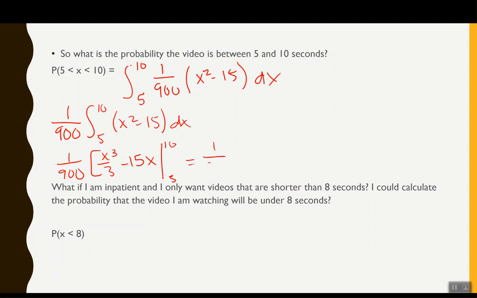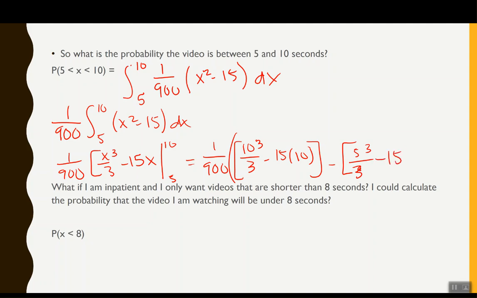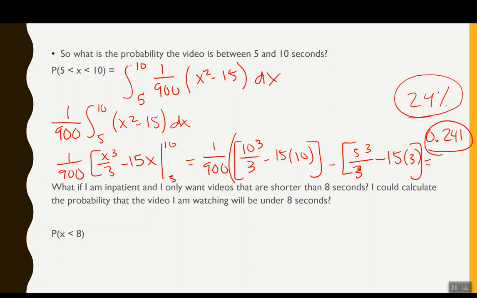So then when I solve, I would get 10, 15 times 10 minus 5. Right, we're just plugging in those bounds, those limits, into our integrated function. And when we solve that out, we would get 0.241, which means there is a 24% chance that when we open TikTok, the first video that we look at is going to be between 5 and 10 seconds long.